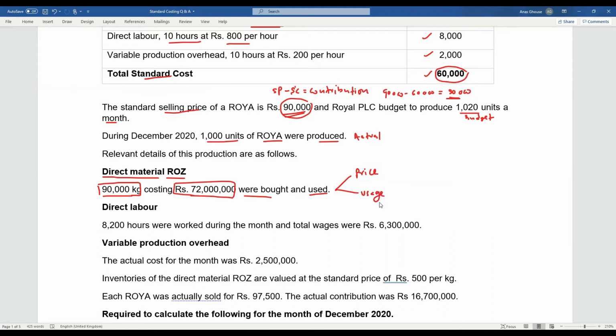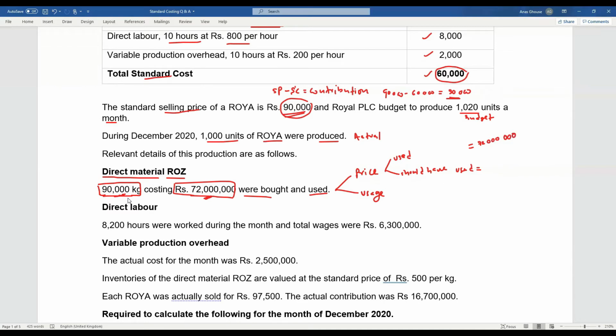As far as the price is concerned, we need to compare how much was paid with how much we should have paid. For these 90,000 kg, the company has paid 72 million.